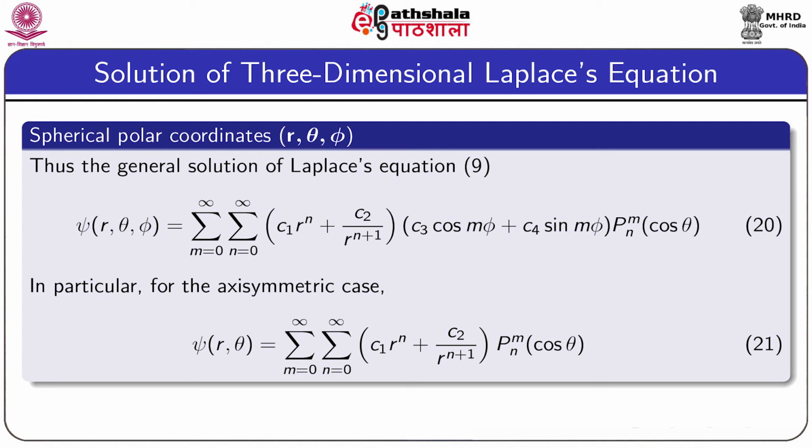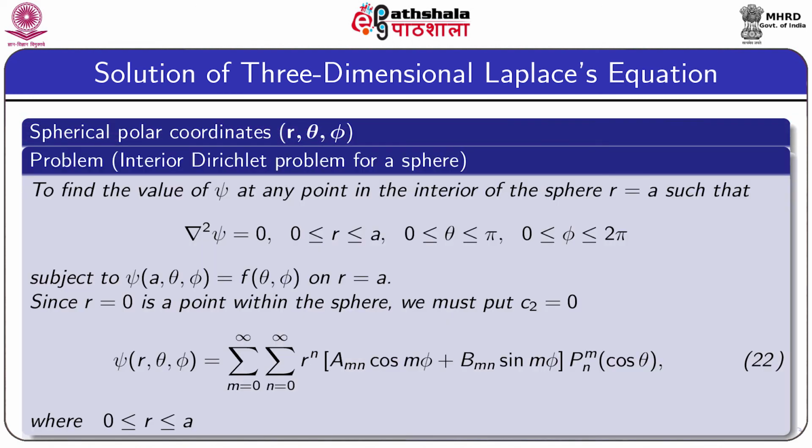Since r equal to 0 is a point within the sphere, the solution must exist at r equals 0. But if you see the general solution, this solution does not exist at r equals 0 if C2 is not equal to 0. So, we take C2 equals 0. So, the solution can be written in this form.